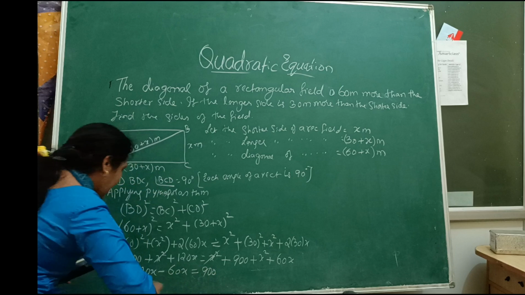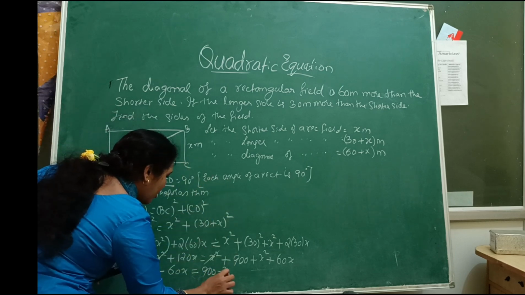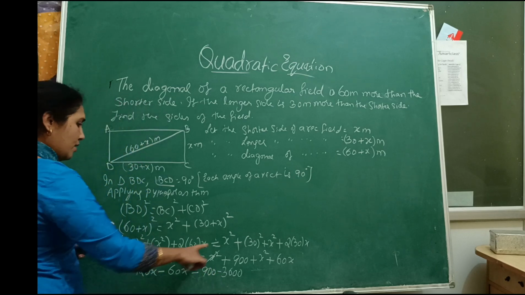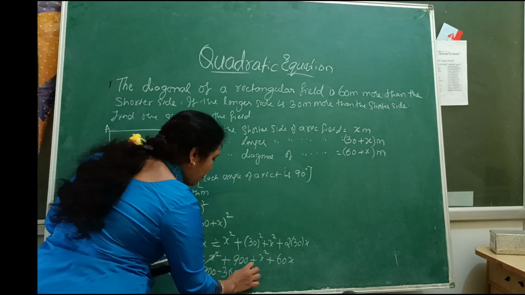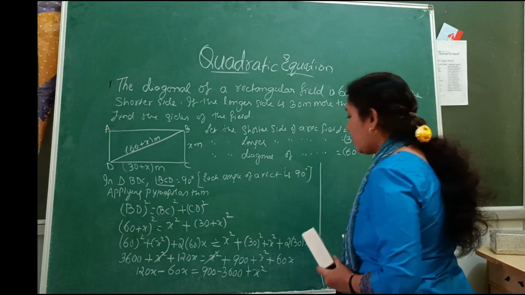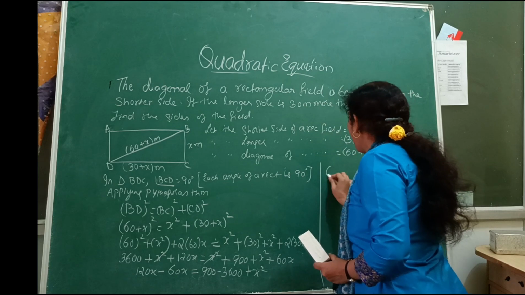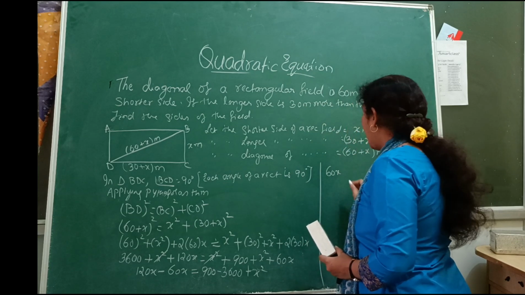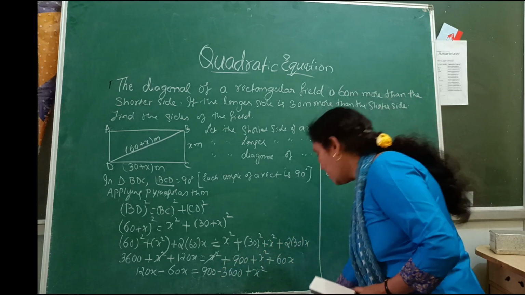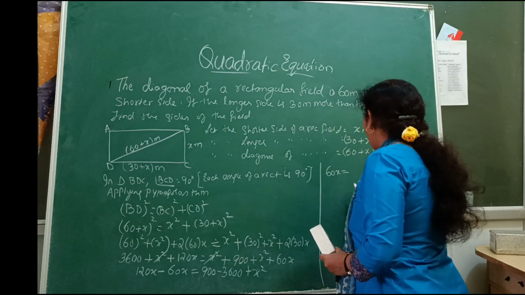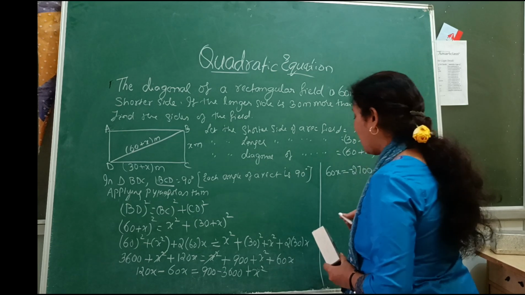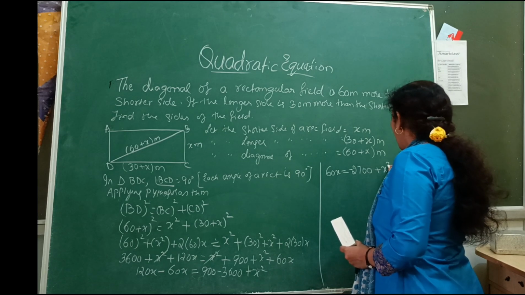I will bring this 3600 here, minus 3600. What is 120 minus 60? 60x is equal to 900 minus 3600. You have to subtract it, you will get minus 2700.